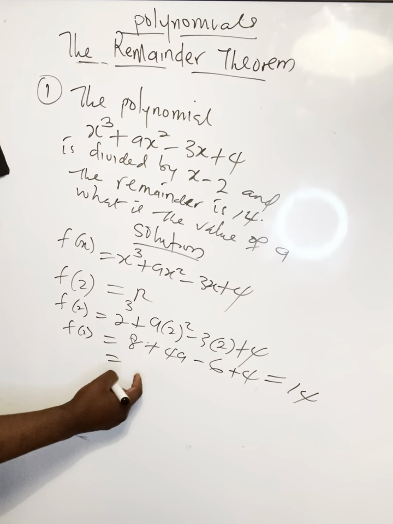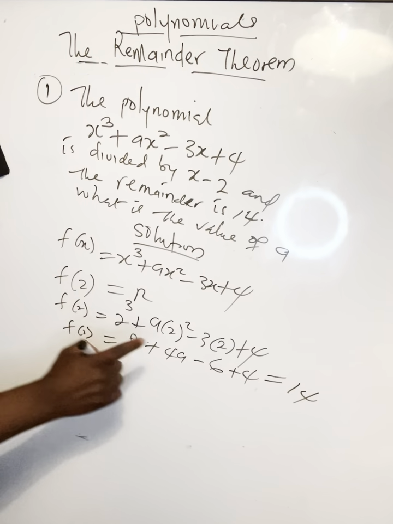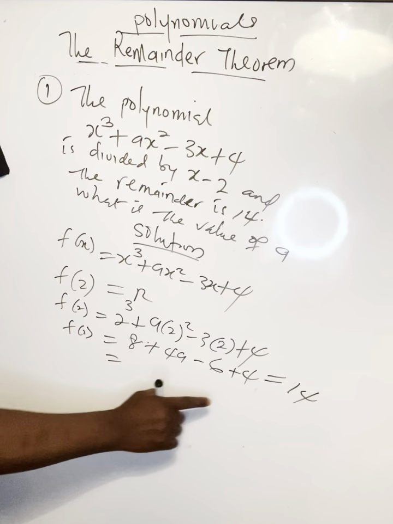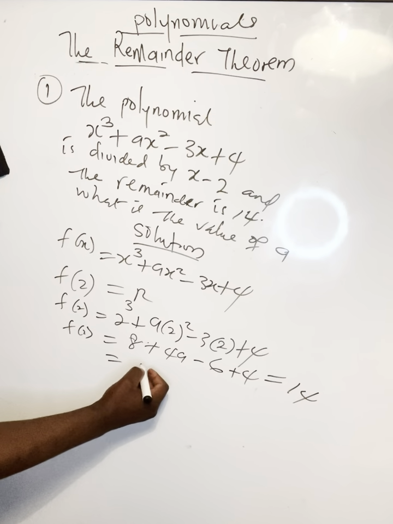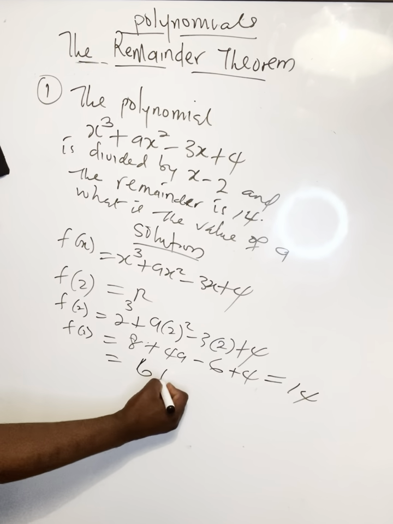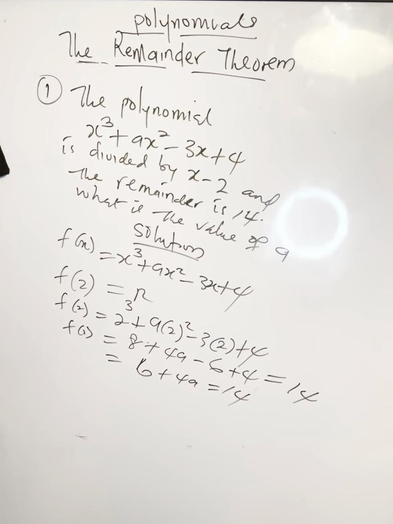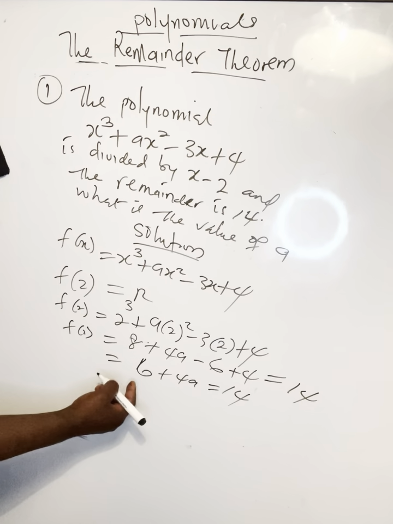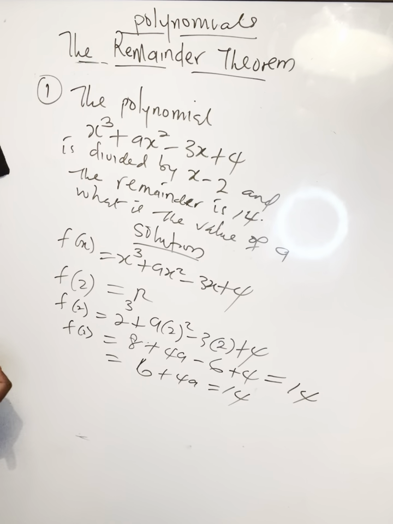So 8 minus 6 is going to give me 2, and 2 plus 4 is going to give me 6. So I will write 6 plus 4a is equal to 14. Now what I need to do again is to collect like terms and make a the subject of the formula.